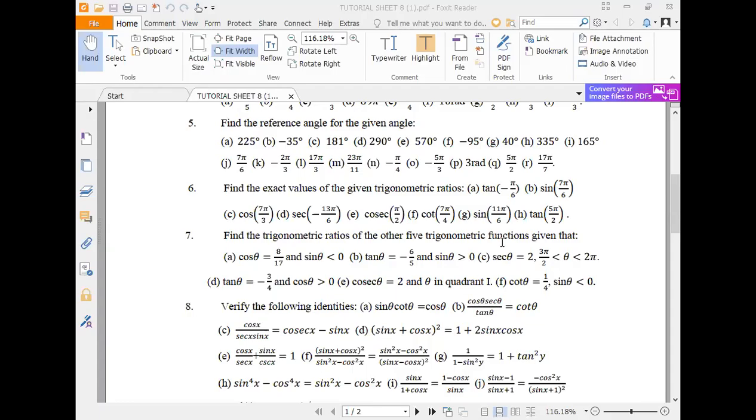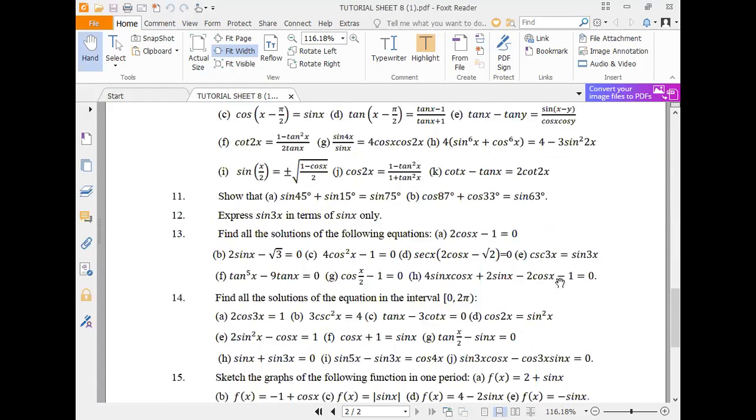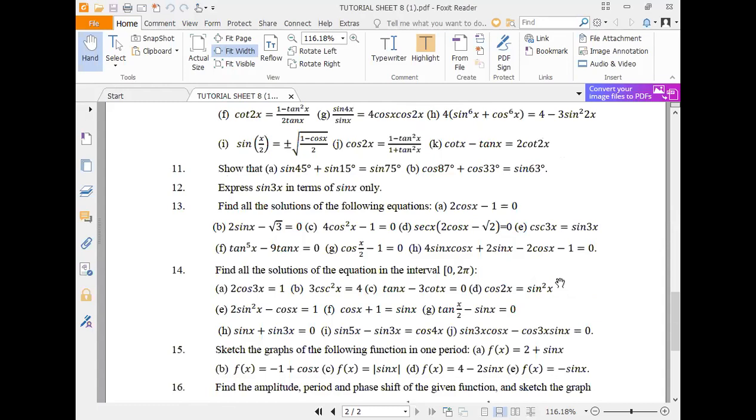Morning. So today we're looking at sheet 8, a continuation, of course. Now we did up to question 11. We did question 11A. So we start from 11B. Cos 87 plus cos 33 is equal to sine 63.